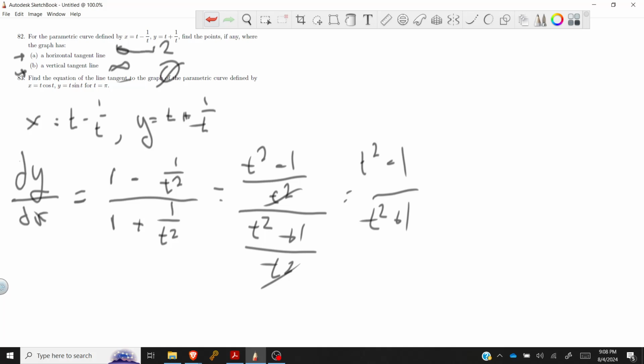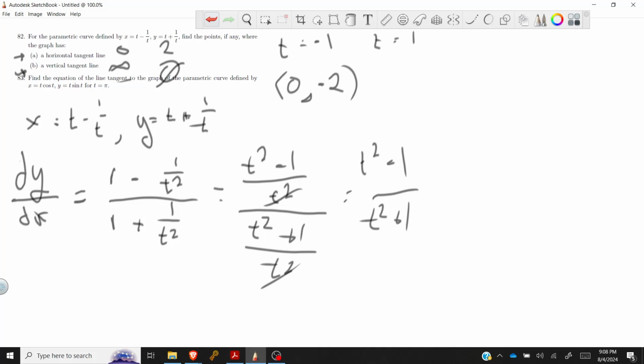Let's plug our t values back into the original equations to find what those x and y coordinates are. So at t equals -1, we'll have -1 minus -1, so -1 plus 1 is 0. Then we'll have negative t, -1 plus -1, so that's -2.